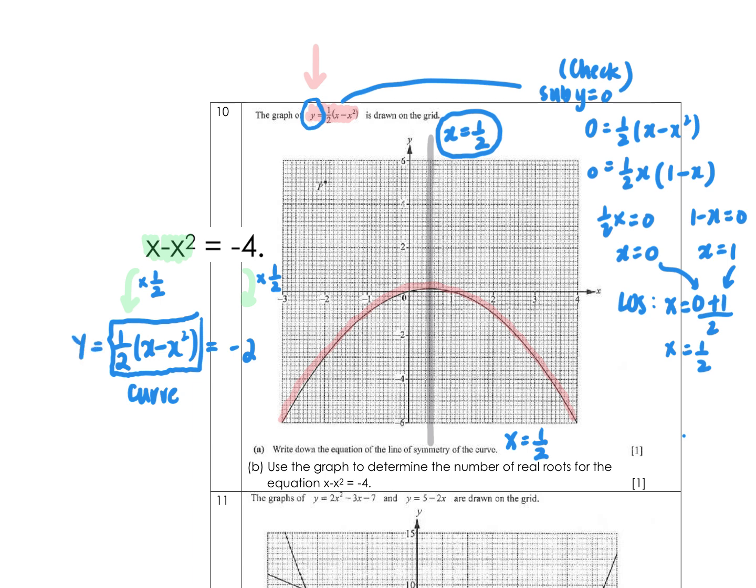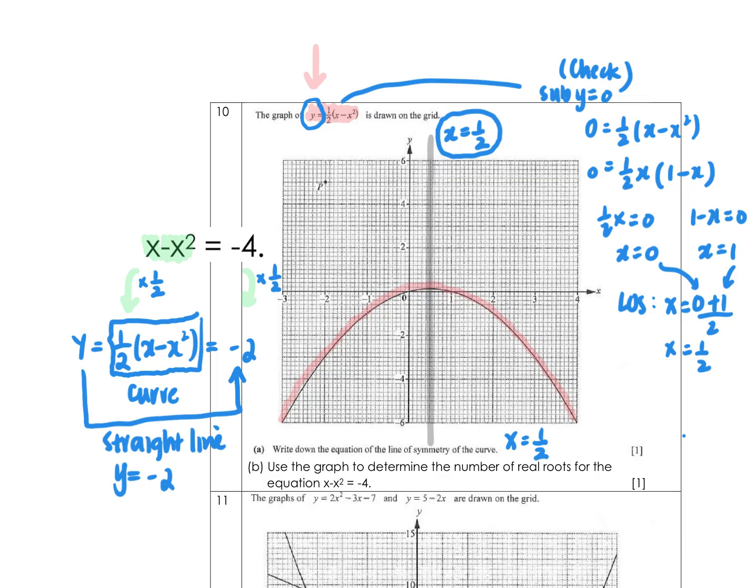Right? So they are asking you to intersect the curve with this straight line, y equals to -2. Okay? So on the left, you have your curve. They want it to equate to the line y equals to -2.